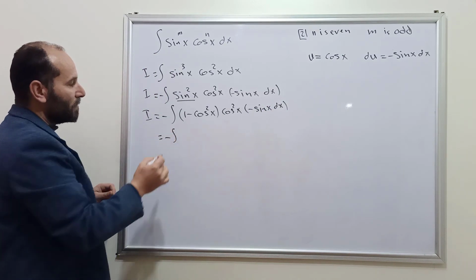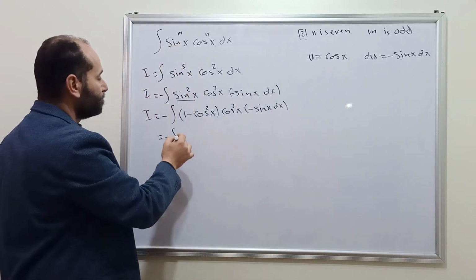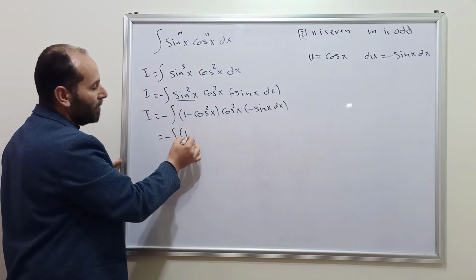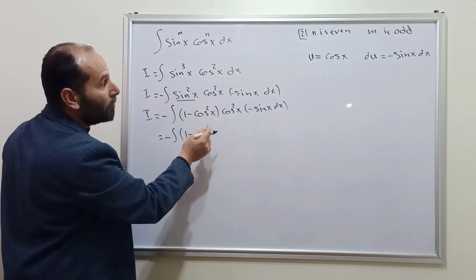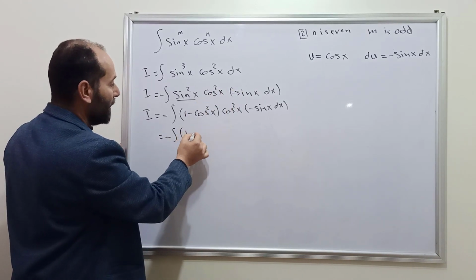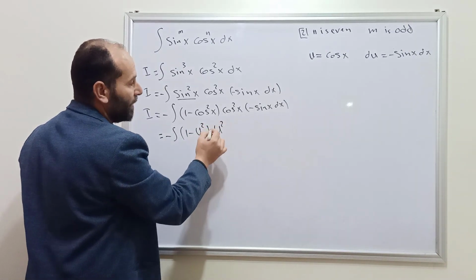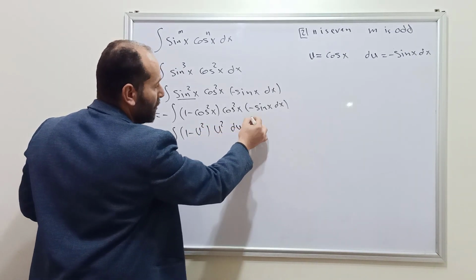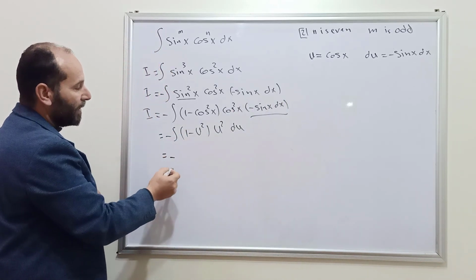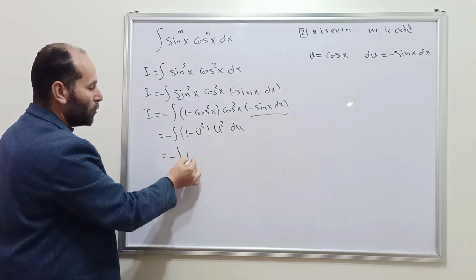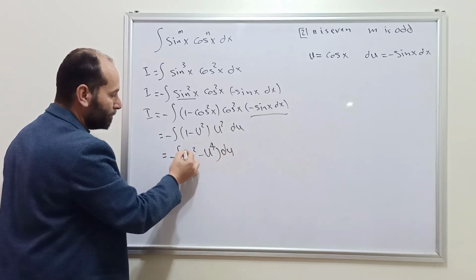We can substitute u equals cosine x. So we put u instead of cosine x, u squared du. This equals negative the integration of u squared minus u power 4 du.